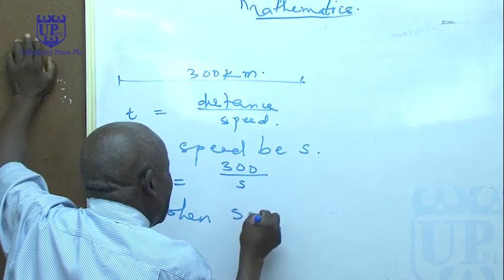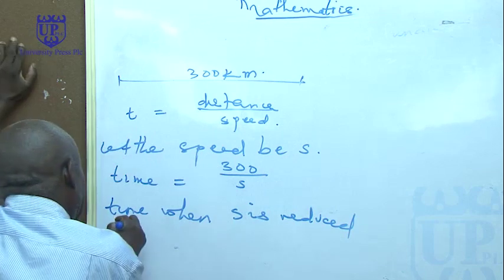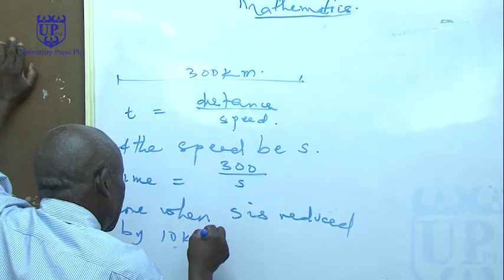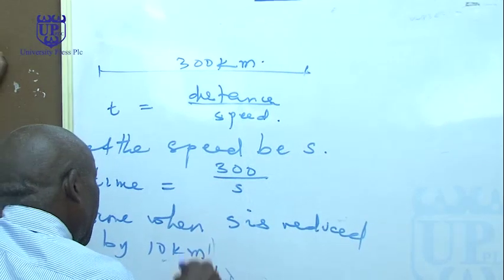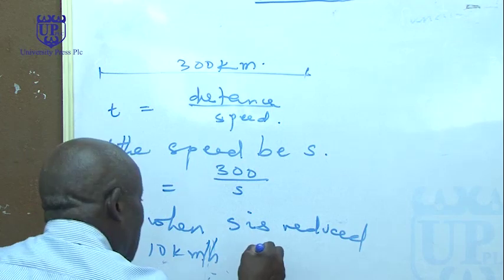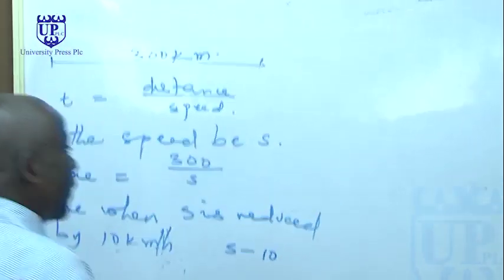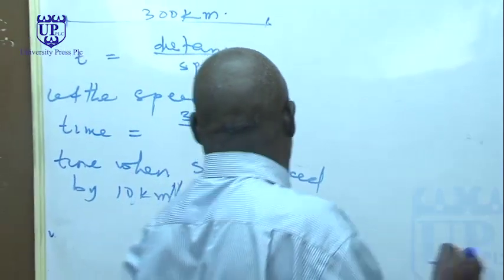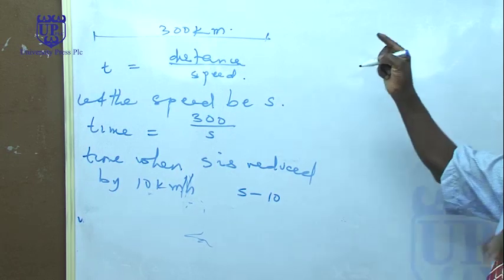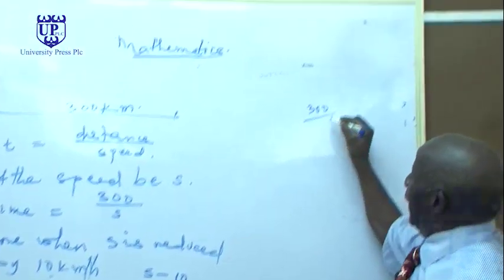When s is reduced by 10 kilometers per hour, now the speed becomes s minus 10. Finally, the time taken if he is moving with the actual speed will be 300 over s.